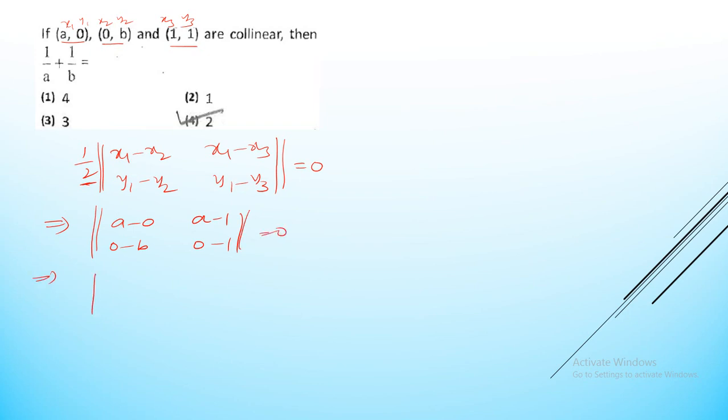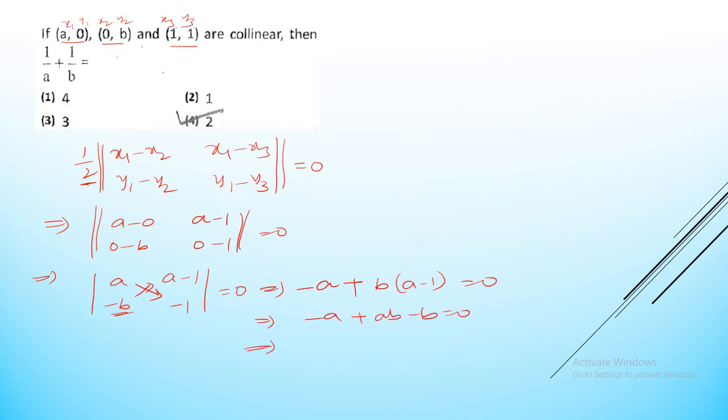So a minus 0 is a, minus 1, minus b, minus 1 is equal to 0. When I do cross multiplication, since it is a 2 by 2 determinant, a into minus 1 is minus a, and minus of minus becomes plus, b into a minus 1 is equal to 0. So I am going to get minus a plus ab minus b is equal to 0.